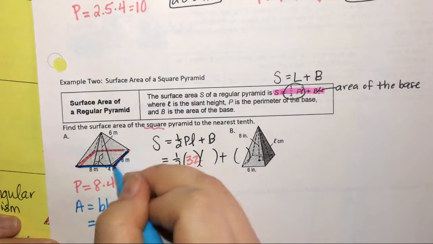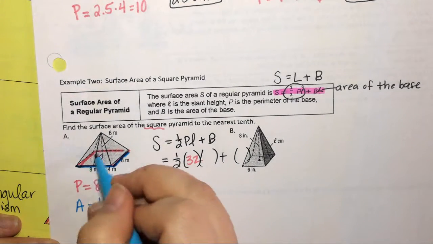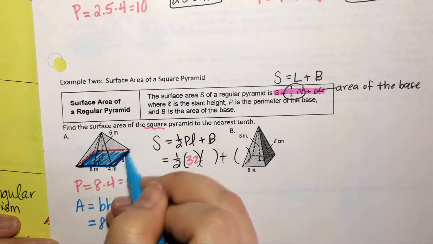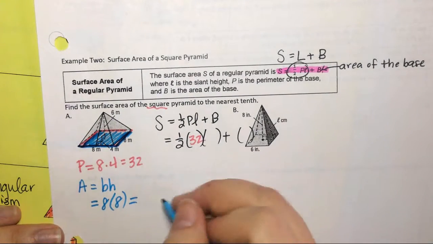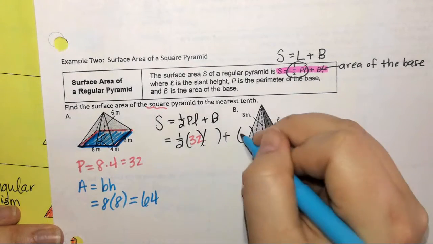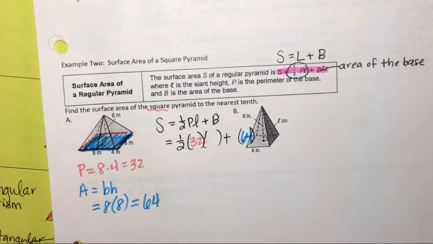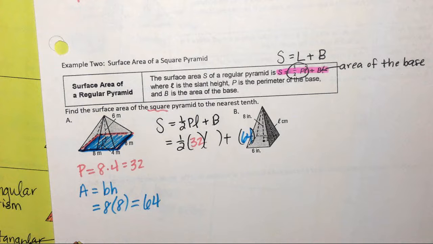My height is 8. So it ends up being 8 times 8 to find the area of that whole thing, which is 64. So I know my area of the base is 64. Are there any questions about how I got the 32 or the 64? Okay.